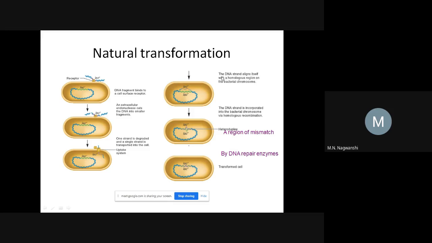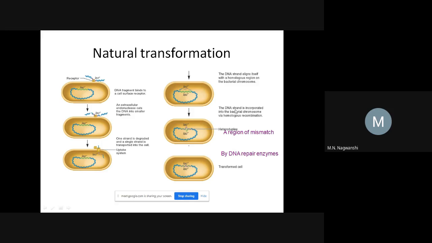Then the DNA strand which is released inside the bacteria aligns itself parallel to the homologous region on the bacterial chromosome. This is the bacterial chromosome and this is the homologous region of the chromosome to this particular DNA fragment. Now what happens?